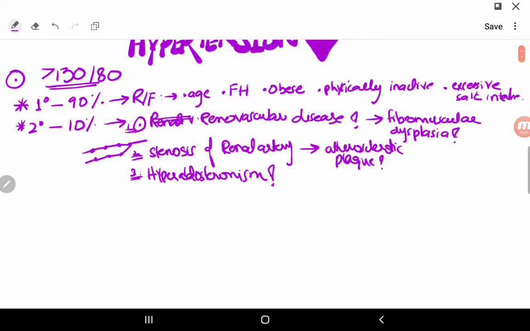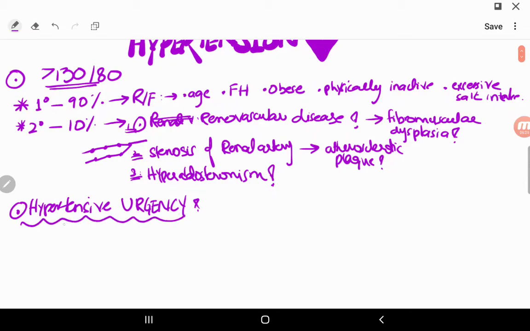Now moving forward, hypertensive urgency. So what exactly is hypertensive urgency? Hypertensive urgency is when you have severely high blood pressure, and that would be more than or equal to 180/120, which is a very, very high blood pressure.